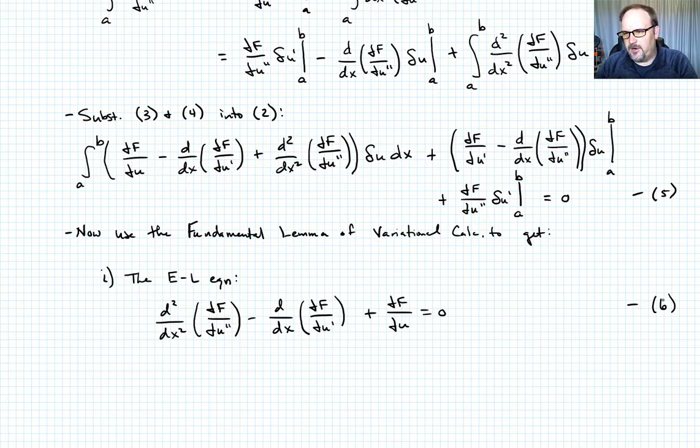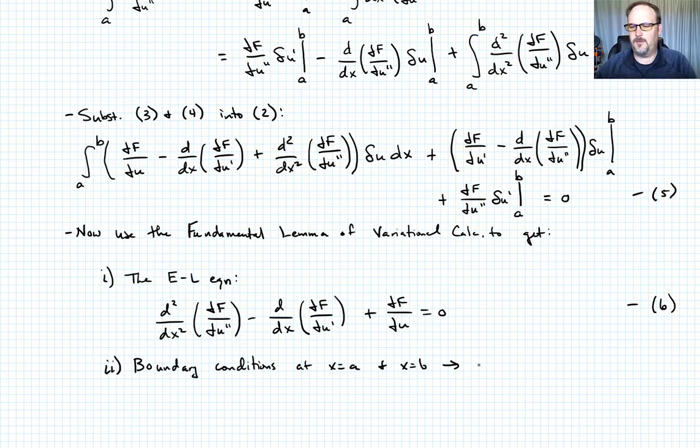This boundary term actually now has, we have to think about two different conditions, right? We can talk about the definition of u at this case, and also u prime, okay? So let's talk about boundary conditions. And I'll just remind you, each boundary now has two possible conditions.